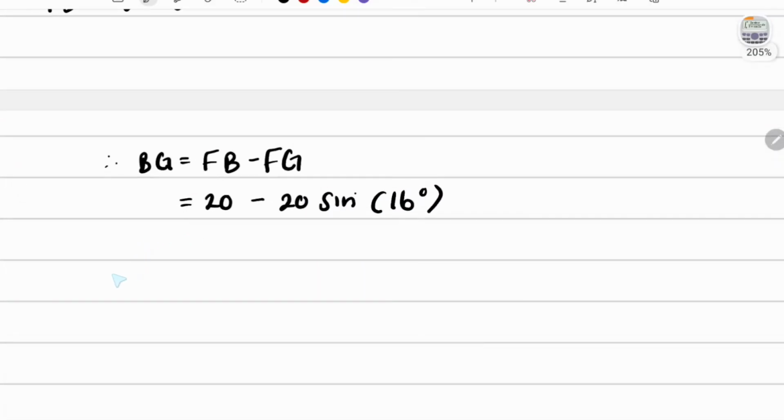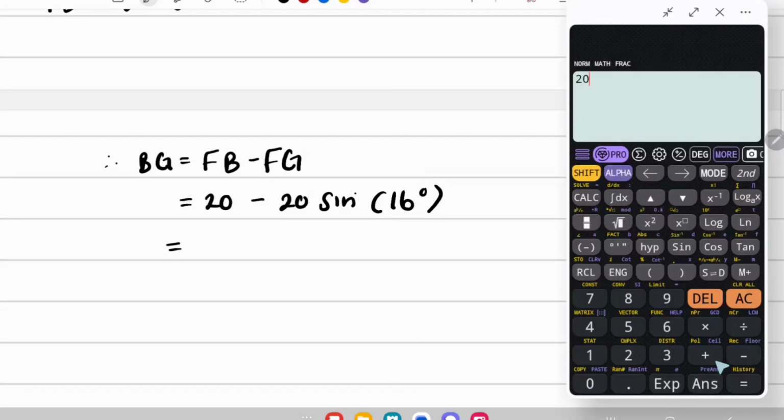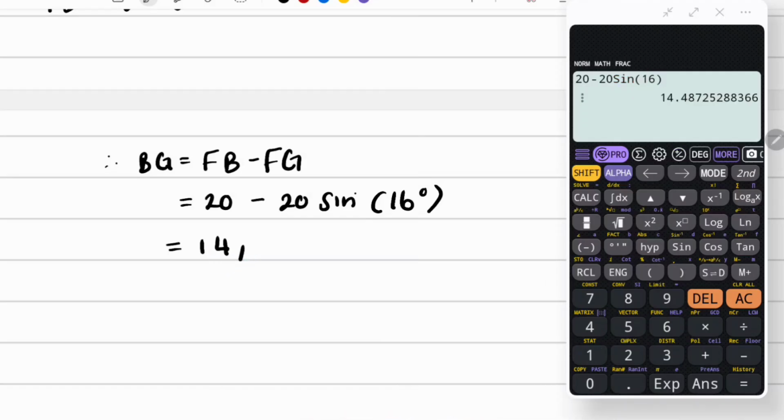We will find the length of BG like this: 20 minus 20 sine 16. I get decimals, which is 14 point, and since the paper says round off to 2 decimal places, that rounds up to 9, so 14.49 units.